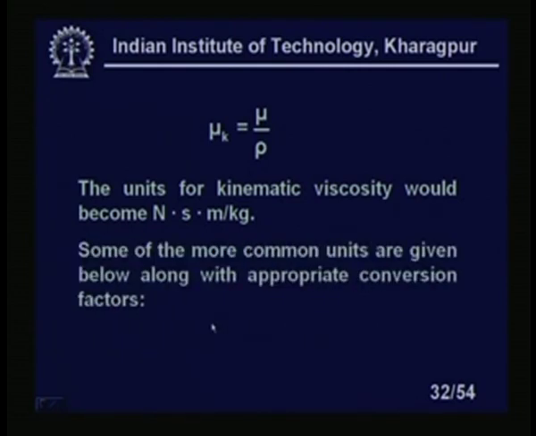Now, some of the more common units are given below along with the appropriate conversion factors. Even as I told you, SI units are not very popular in industry for expressing viscosity. Let us look at all the different units.